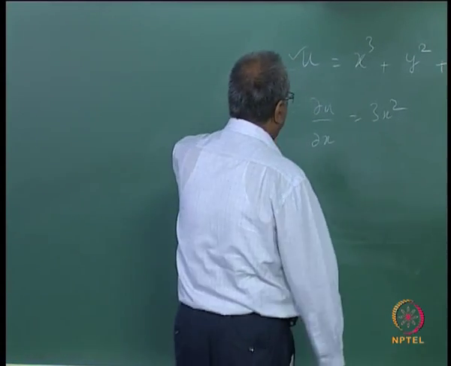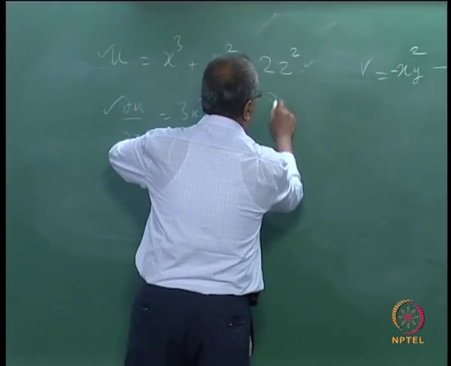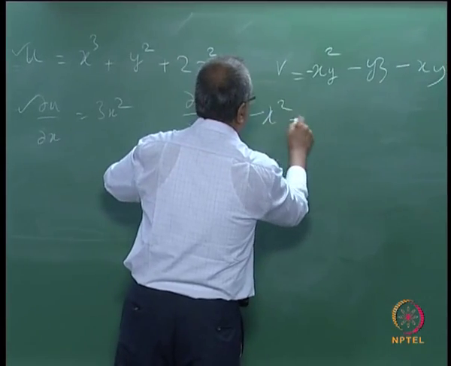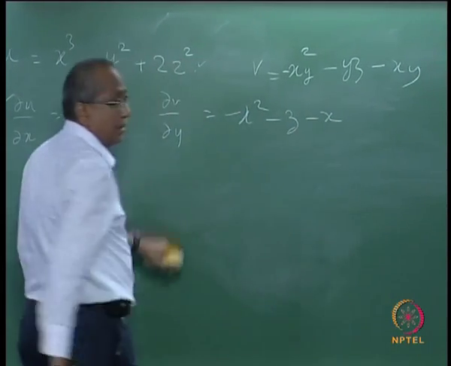So dou u by dou x you can calculate, dou v by dou y, that is calculated.